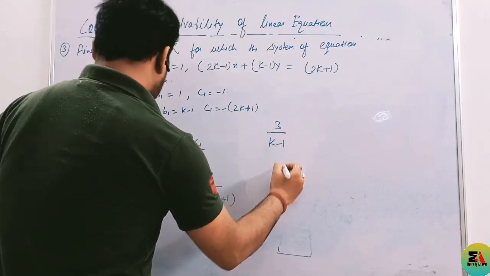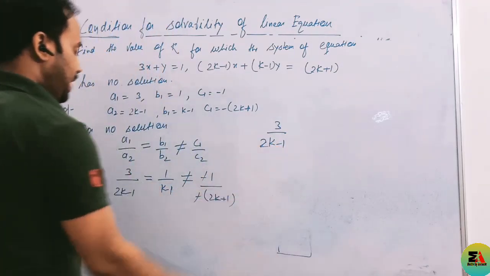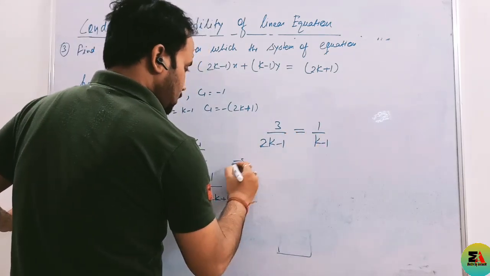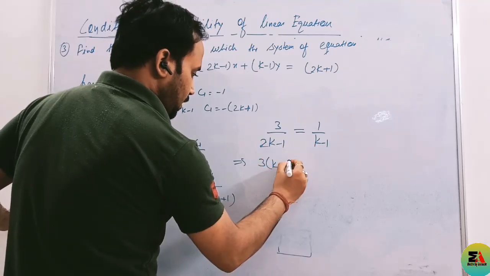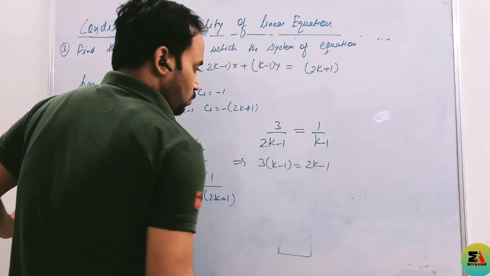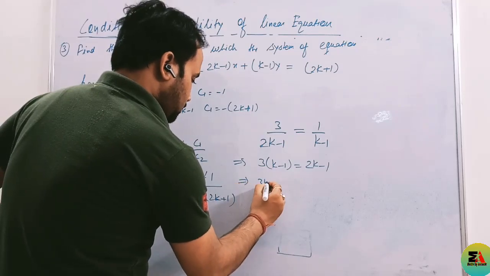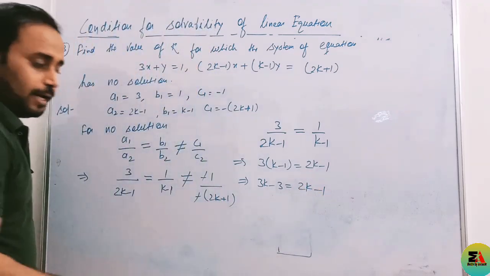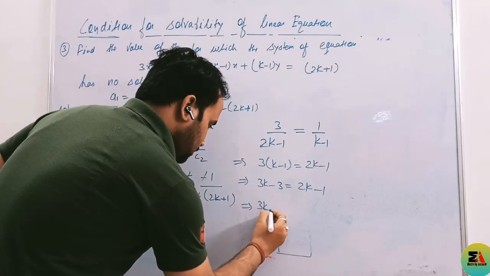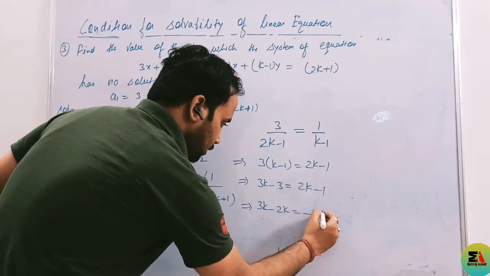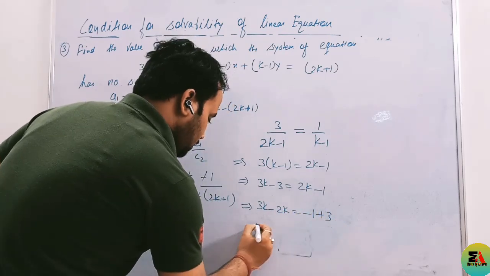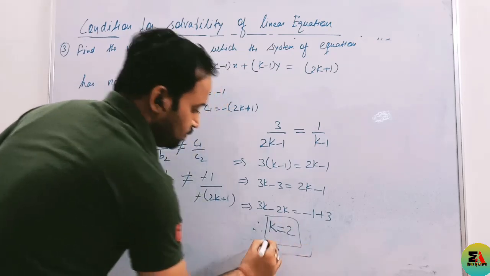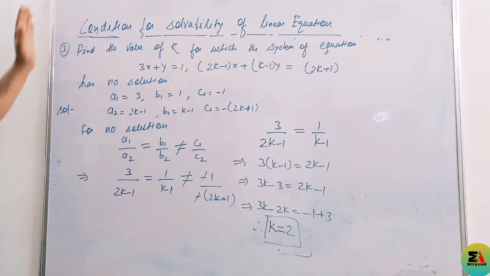This becomes 3/(2k-1) = 1/(k-1). Now cross multiply: 3 times (k-1) = 2k-1. This becomes 3k minus 3 = 2k minus 1. Now collect the terms: 3k minus 2k = minus 1 plus 3. Therefore the value of k will be 2. I hope this one is clear to you.